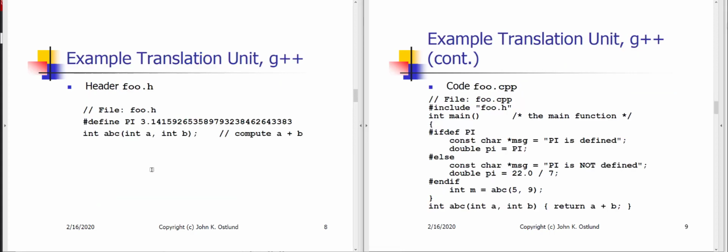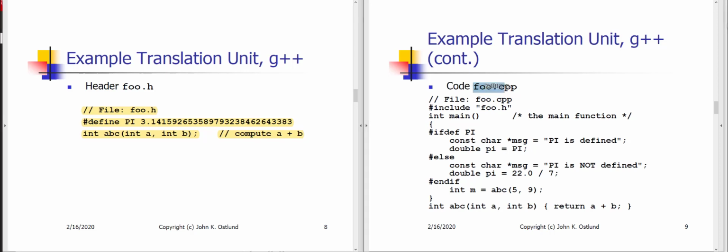Okay, now we're going to take a look at an actual translation unit as produced using the GNU C++ compiler. We have a header file, foo.h, consisting of exactly these 3 lines. There's a comment line giving the name of the file. There's a pound define directive defining the token pi to be replaced by that sequence of characters. And there's a function declaration with a comment.